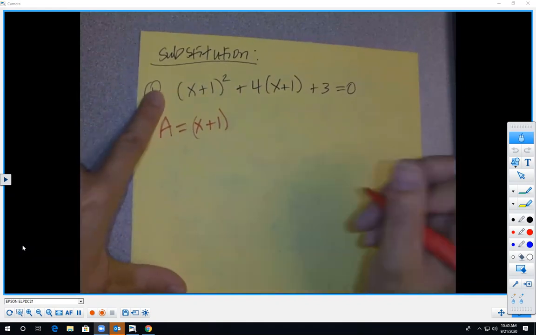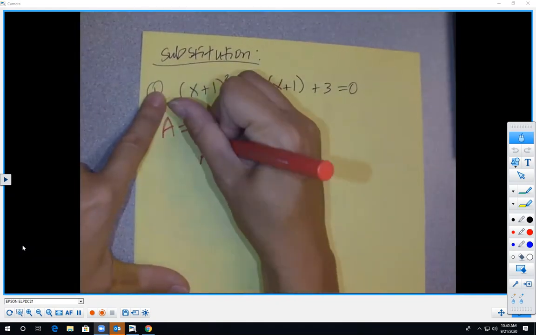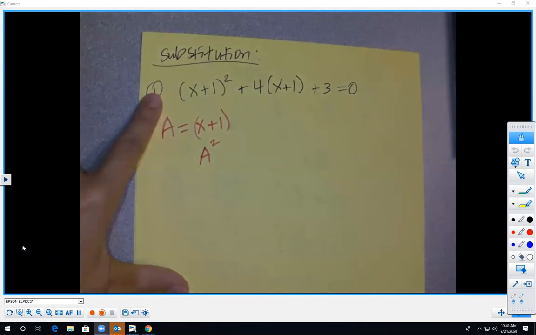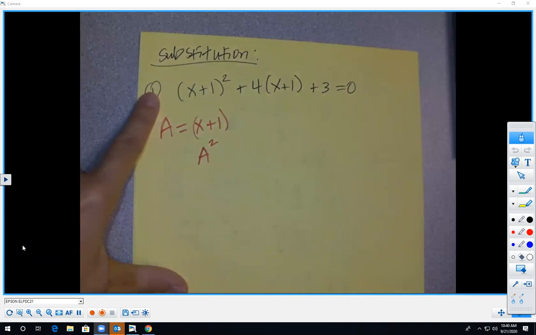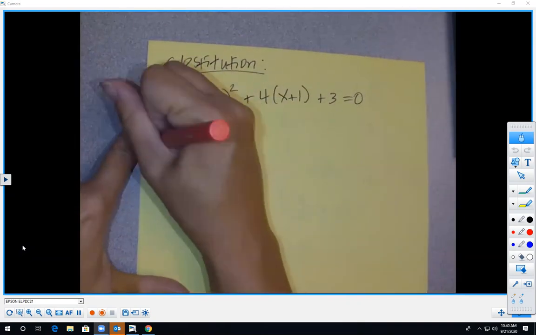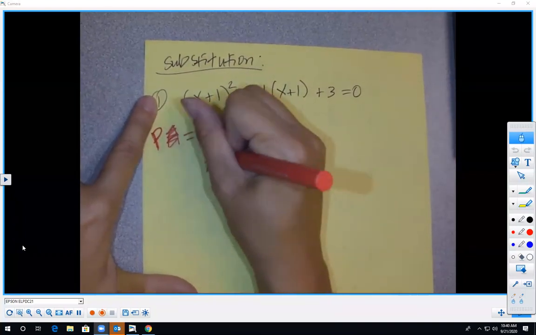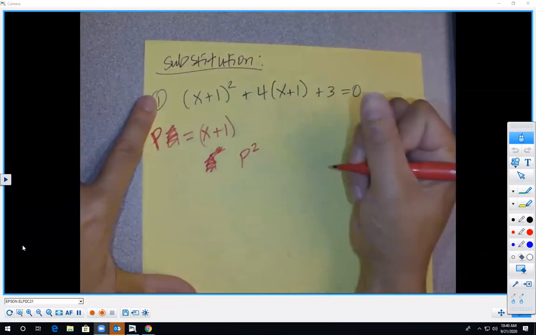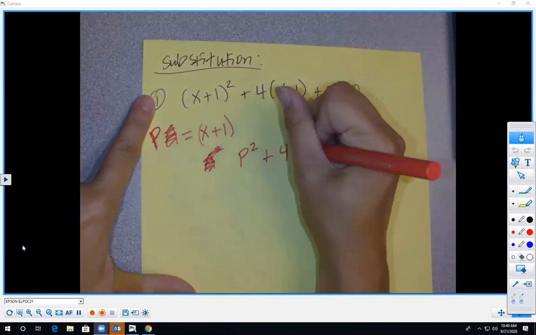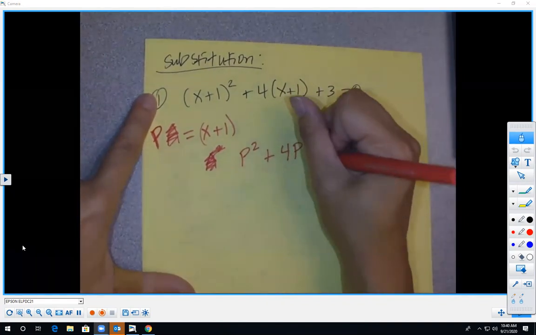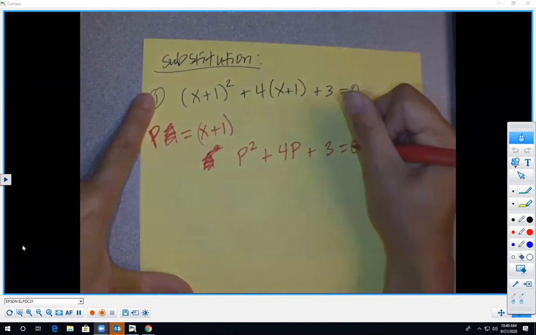Instead of it being x plus 1 squared, now it's just A squared. You know, I probably shouldn't have picked A. Let's pick a different letter. Let's make that a P. You'll see why in a second, the reason why I shouldn't have picked A. So this would be P squared plus 4 times P plus 3 equals 0.